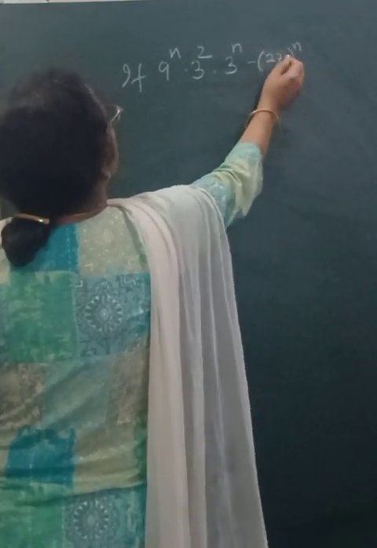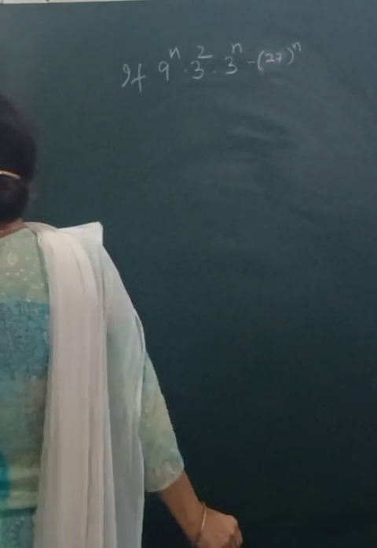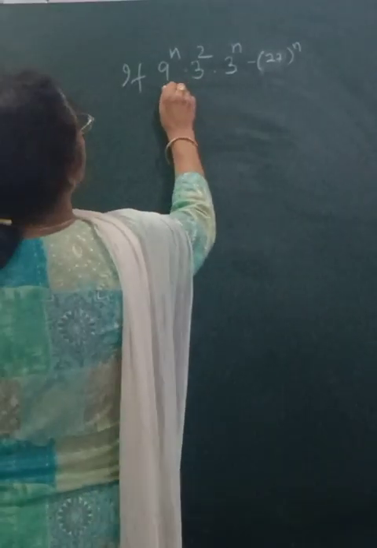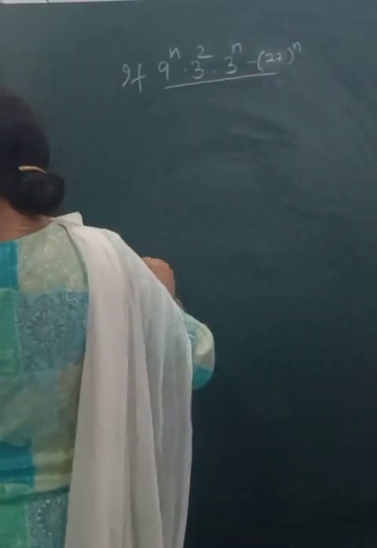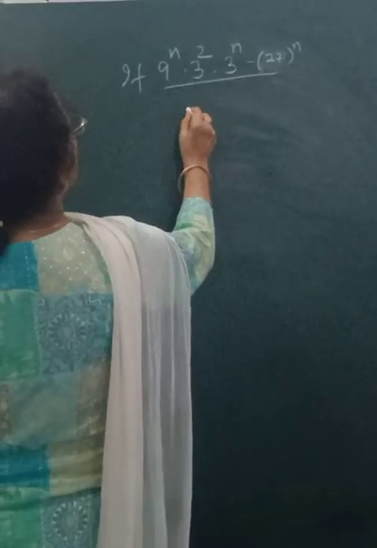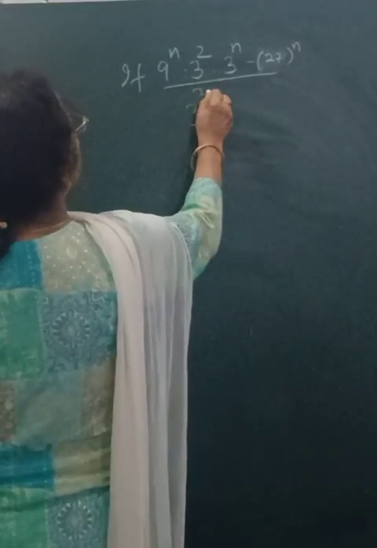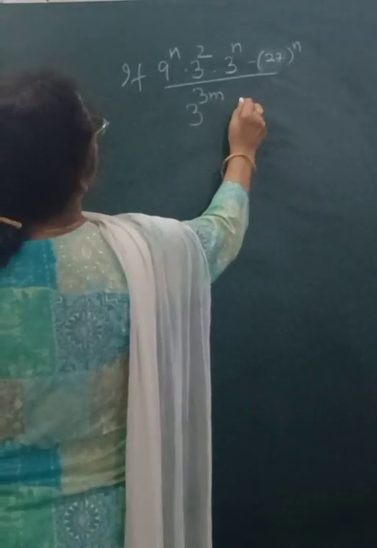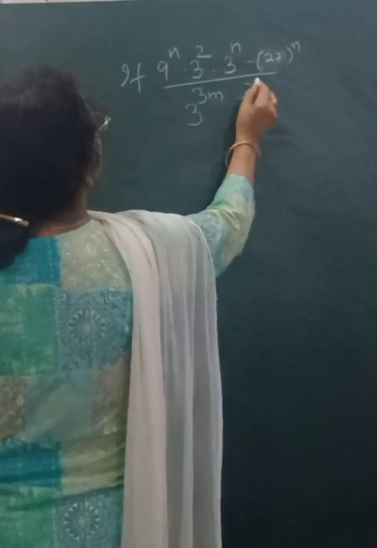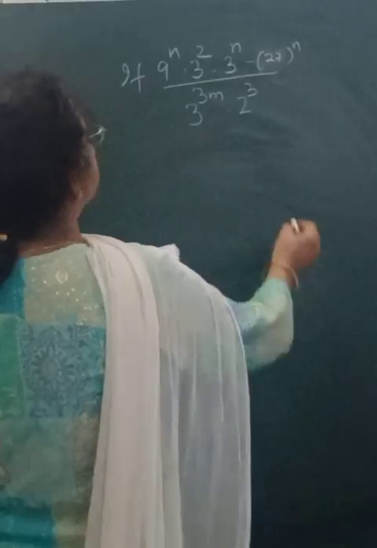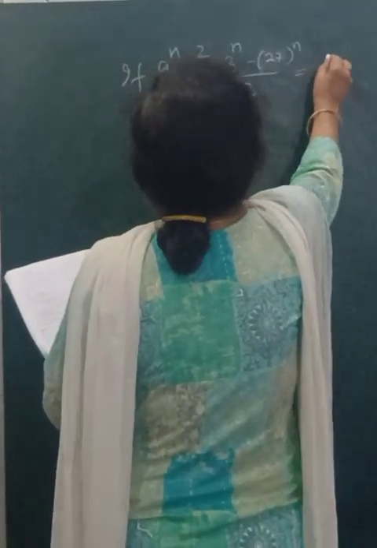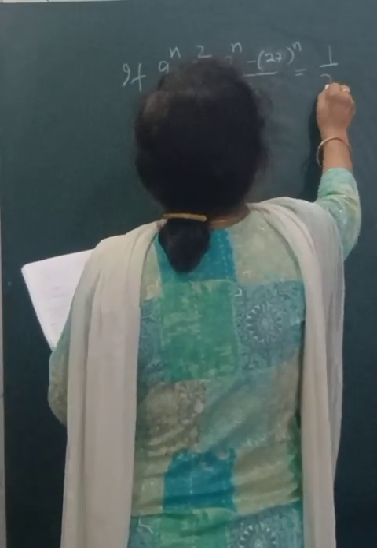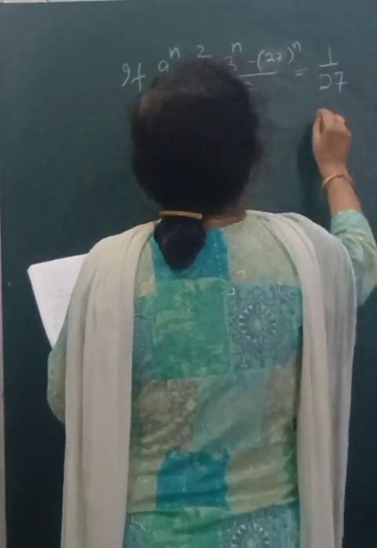27 upon 3 to the power 3m into 2 to the power 3 is equal to 1 upon 27.